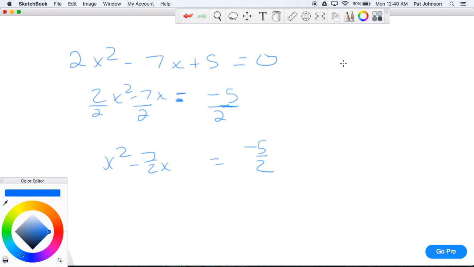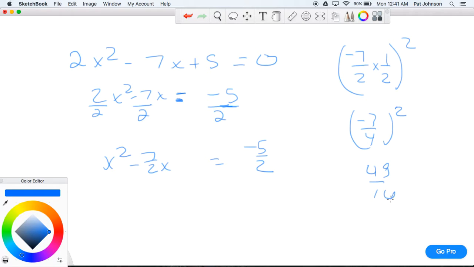Now I take b, which is negative 7 over 2. I'm going to divide by 2, which is the same thing as multiplying by its reciprocal, and square it, so I get negative 7 over 4, and squaring that, I get 49 over 16. So I'm going to add 49 over 16, remember, that's b over 2 squared, and I'm just using complex fractions here.